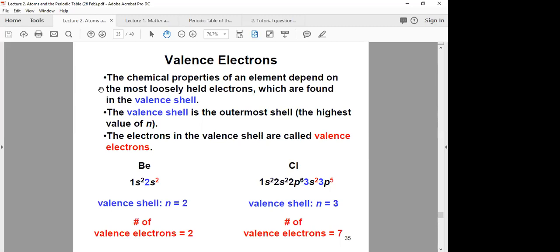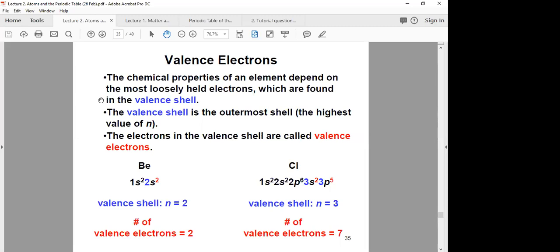Which ones do you think are the most loosely held electrons? And we mentioned this a little bit earlier. The ones in the furthest away shell. Exactly right. The ones that are furthest away tend to be most reactive. Those electrons are found in what's called the valence shell.